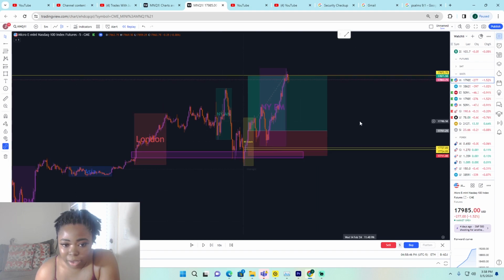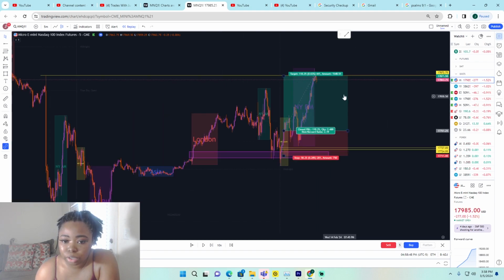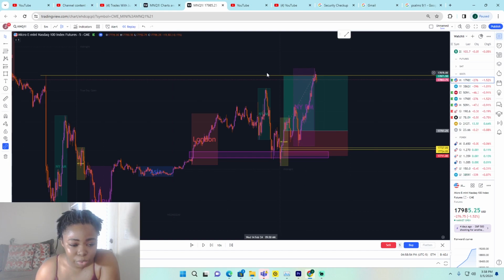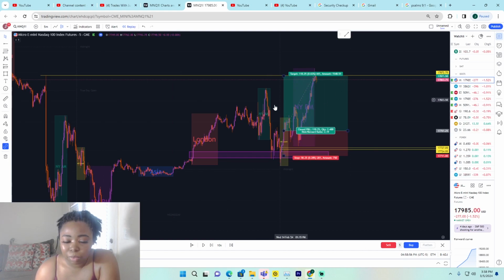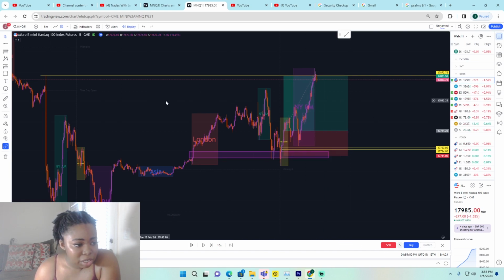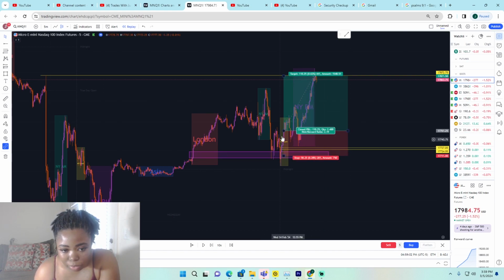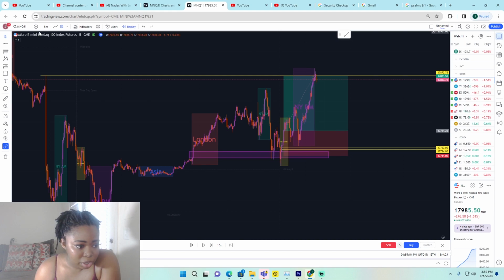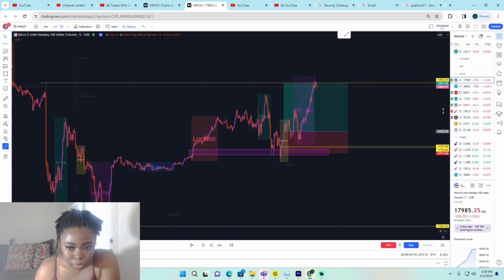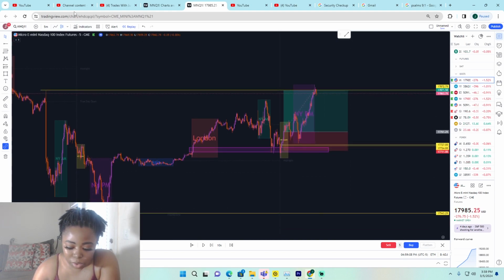It allows me not to just force or guess what I thought price would have done if I would have kept it in, or if I would have never cut my trade. But like I said, we did hit TP on this level, so I'm just gonna go back real quick and run through it one more time just so you all can see.